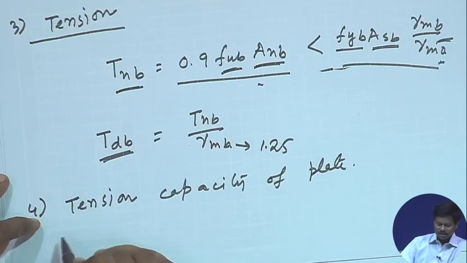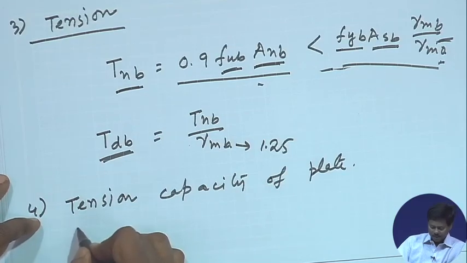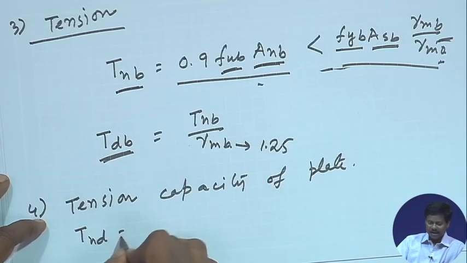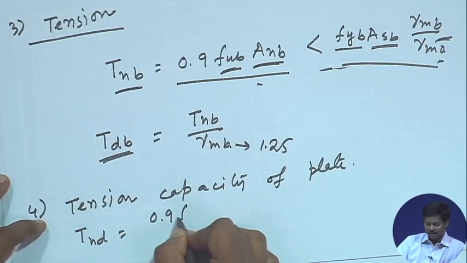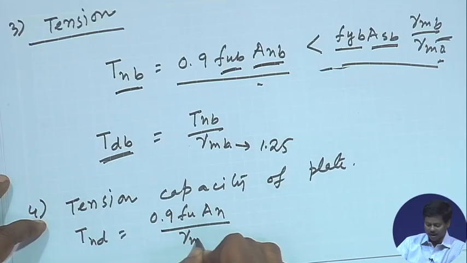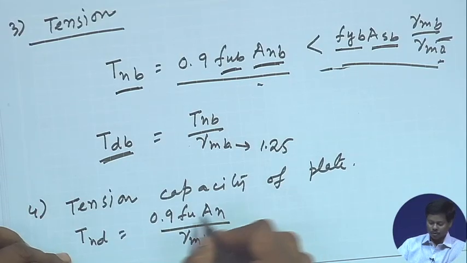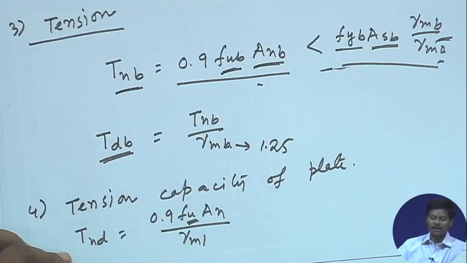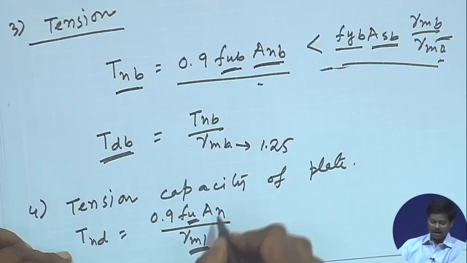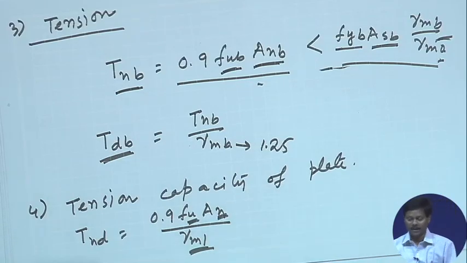In this case we can find the tension capacity of the plate Tdn as 0.9 fu An by gamma m1, and we know fu is the ultimate tensile stress of the plate and gamma m1 is the partial safety factor, which is 1.25, and An is the net effective area of the plate.